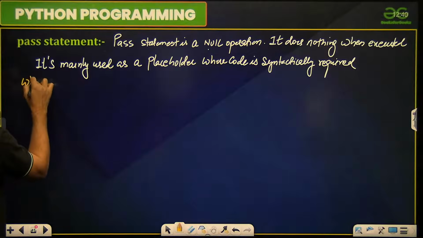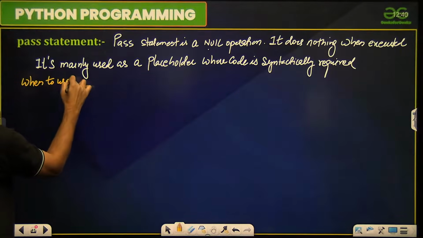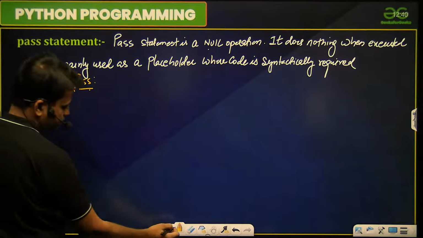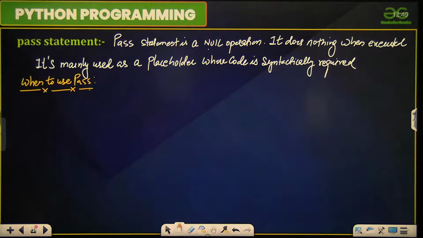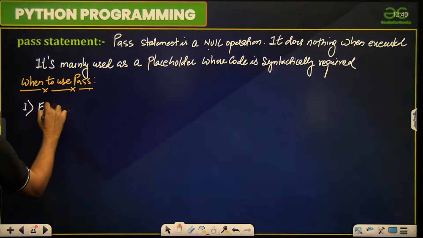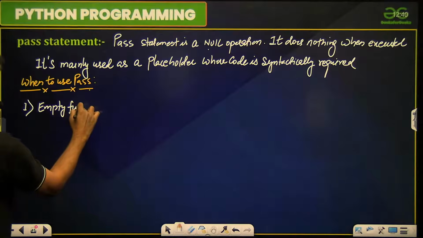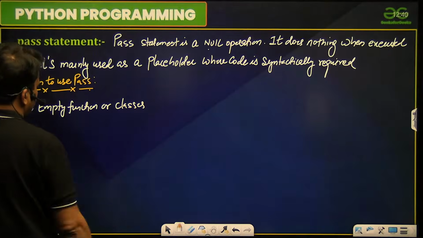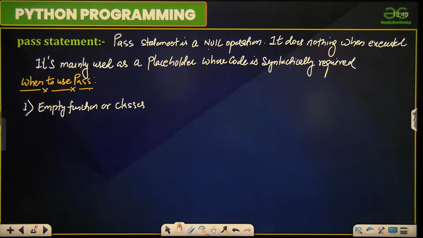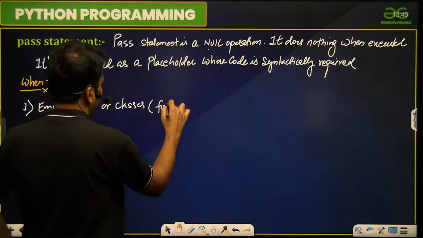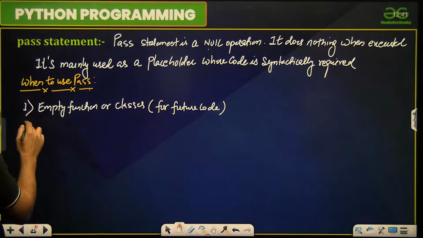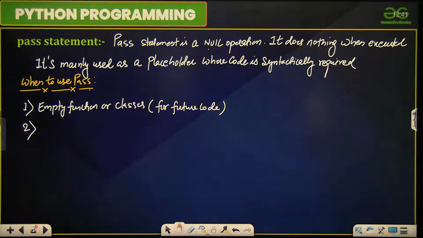When to use pass, students? Empty functions or empty classes, for future code.